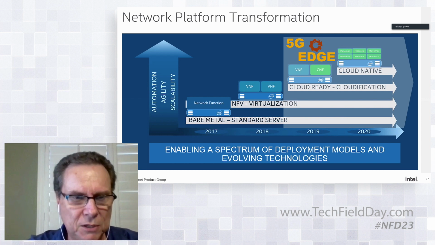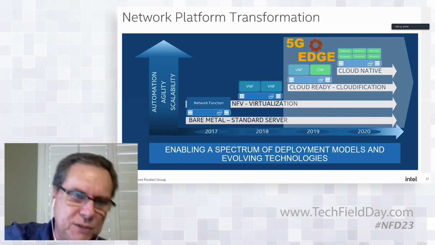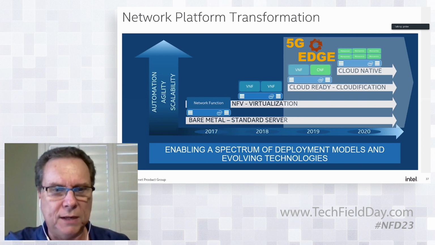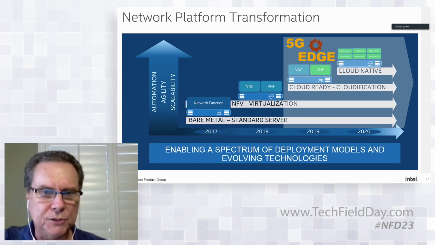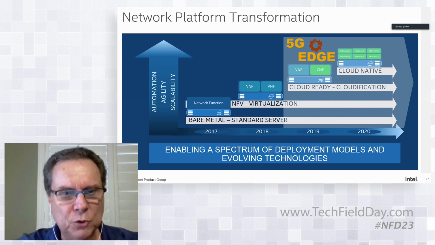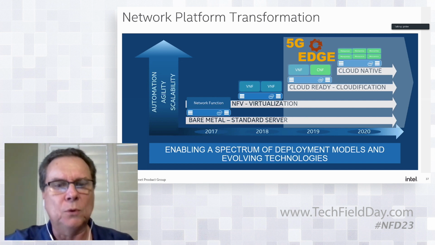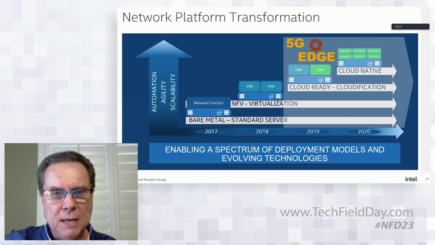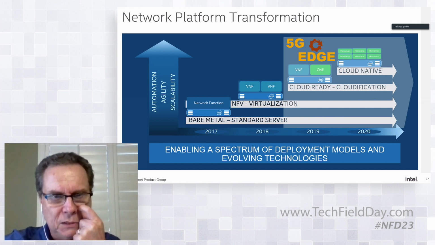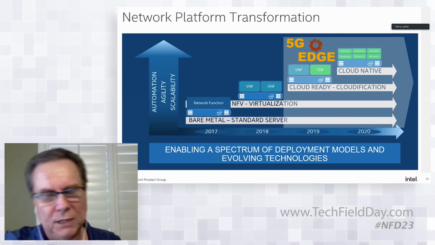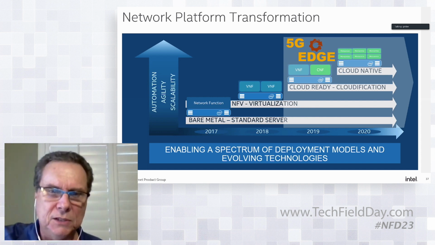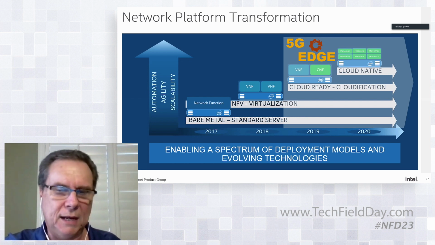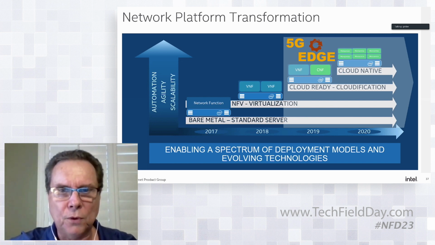Some of the things they've been doing in the past, for example, is using standard high volume servers and initially running complete network functions on a bare metal server, and then moving to a more virtualized environment over time where they can run multiple virtual network functions on a high volume server. What they're moving to now is to more cloudify their services into cloud data centers. That gives them more economies of scale and so forth.